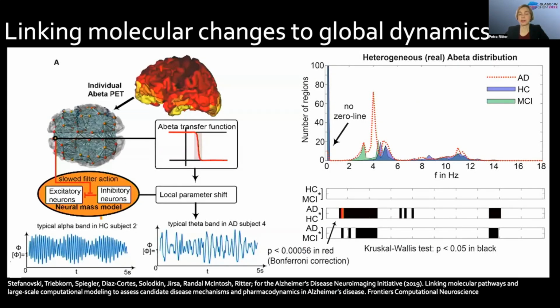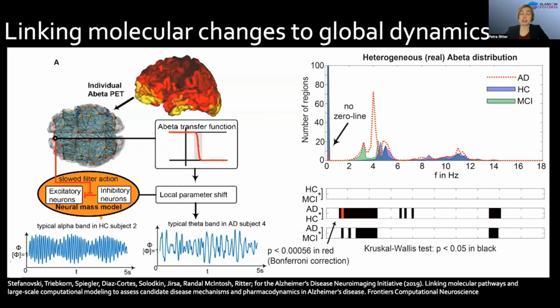Here I show you a study where we take into account the altered amyloid beta cascade in our simulations. Beta amyloid is increased in Alzheimer's disease. We can measure it with positron emission tomography, PET. The value of intensity of amyloid PET can be used as a marker for the disease.